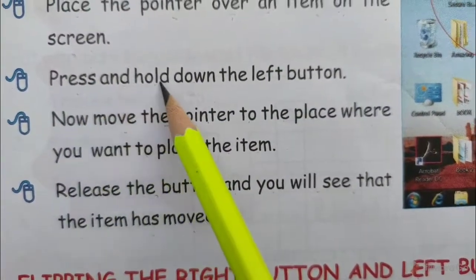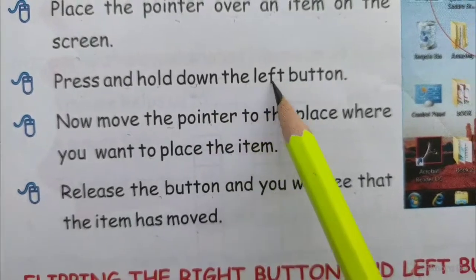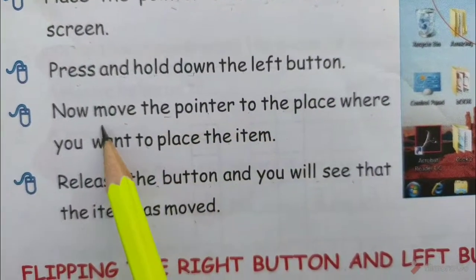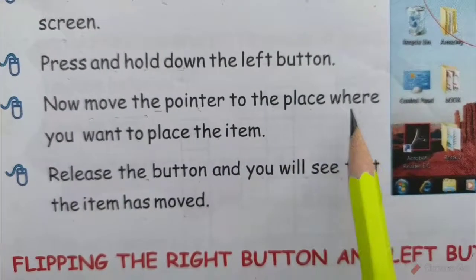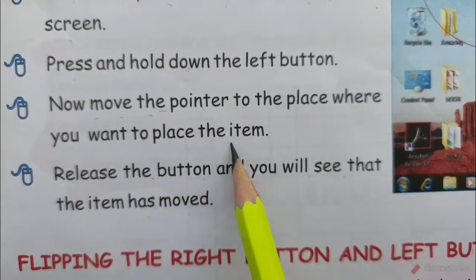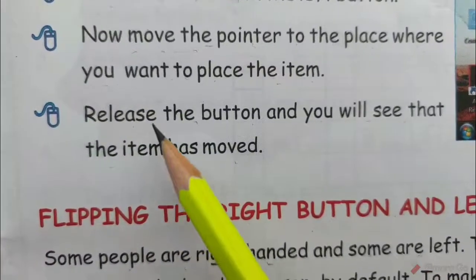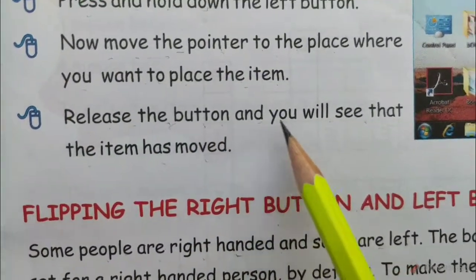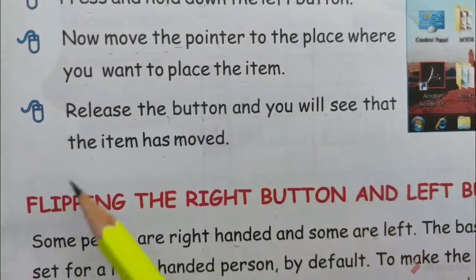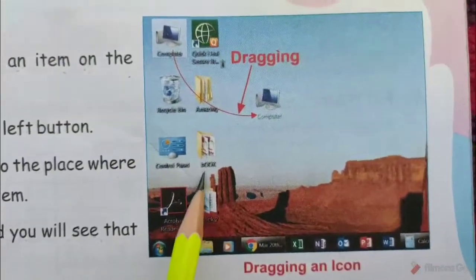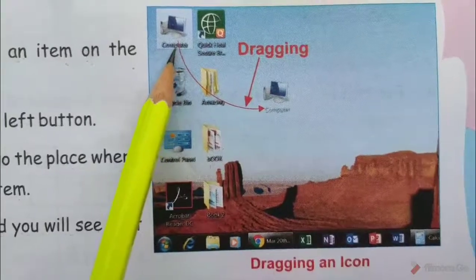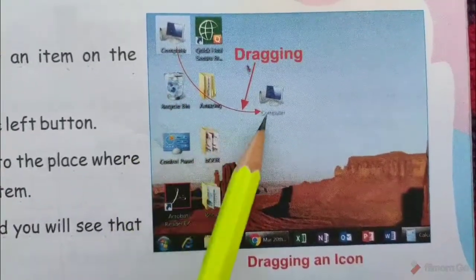Press and hold down the left button. Now, move the pointer to the place where you want to place the item. Release the button and you will see that the item has moved. This was the process of dragging. Here you can see a picture of dragging an icon.